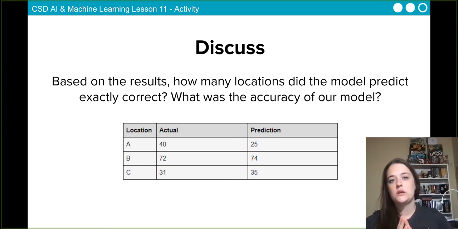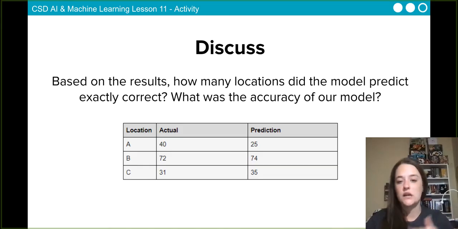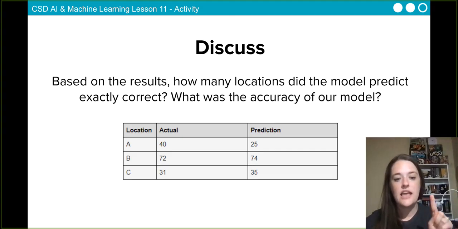Now, we should consider if it is close enough. I would say location A is not close enough. I think location B and location C are close enough, mainly because the actual number of zombies was less than the predicted number of zombies. So it's better to be lower.